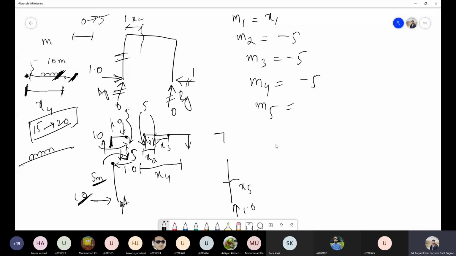So when you solve this, you will see that you will get a 0 moment at this point.